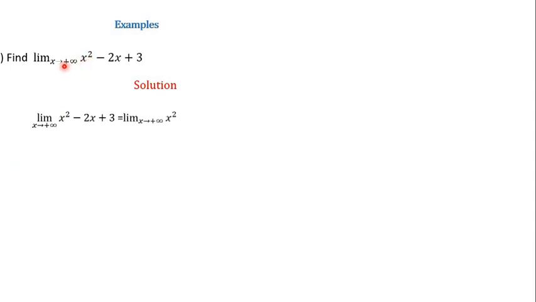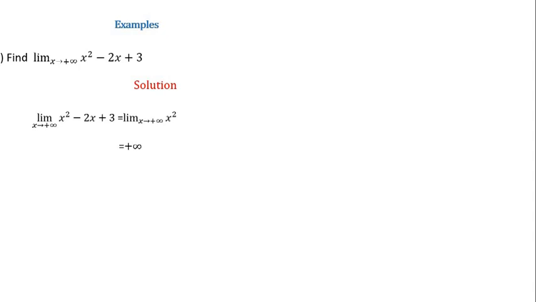So instead of substituting positive infinity into all 3 terms, the limit of a polynomial at infinity is simply the limit of the term with the highest power. So this limit will just be the limit as x tends to positive infinity of x squared, which gives us positive infinity.